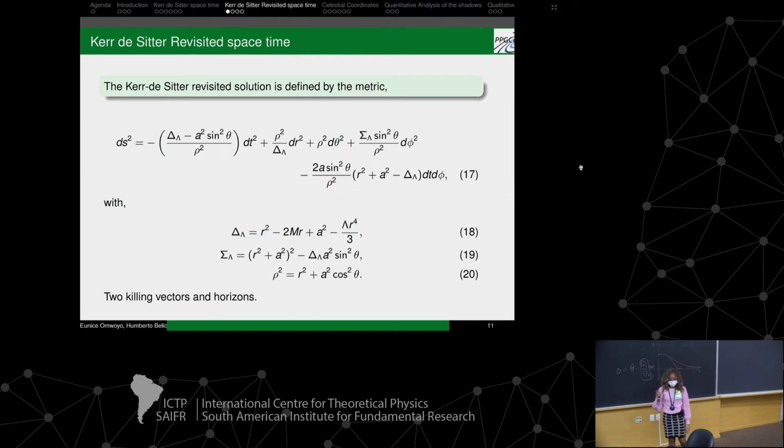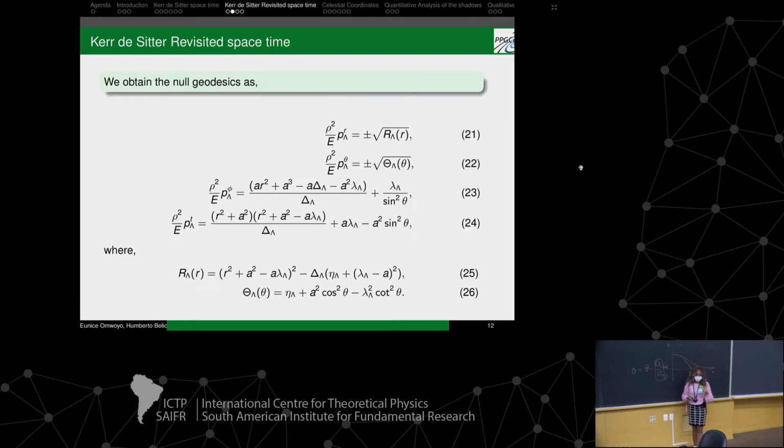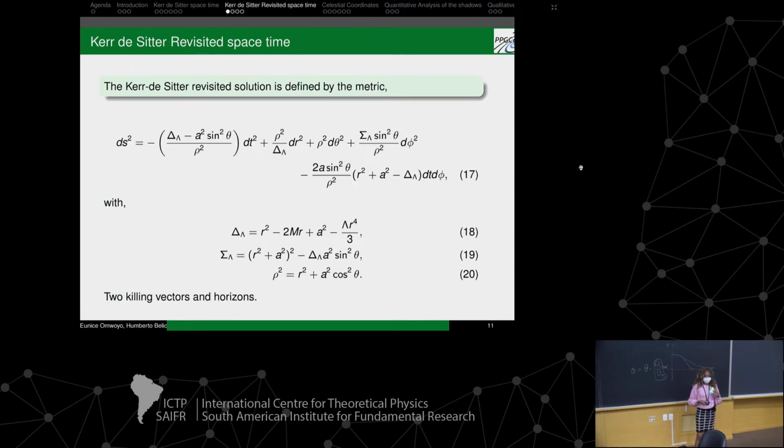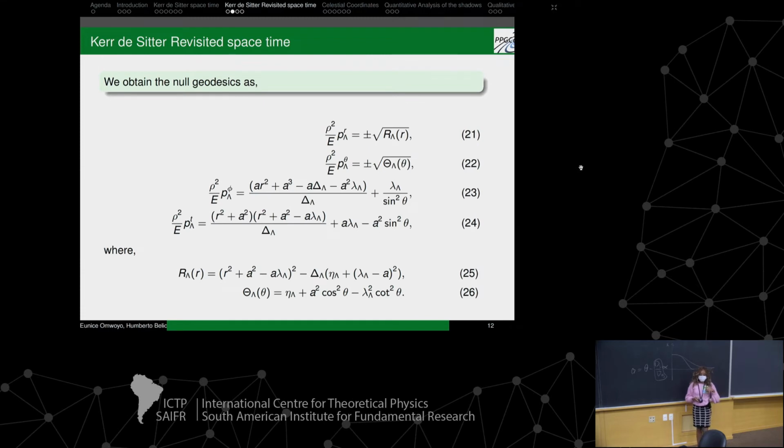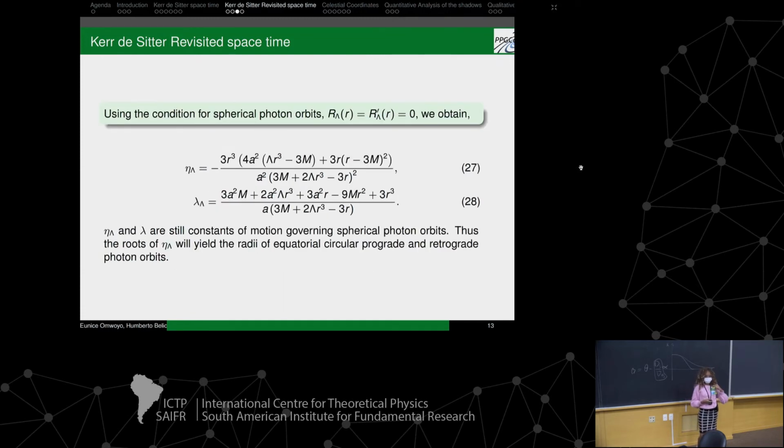Okay, so that's a quick review of Kerr spacetime. It is the same review in Kerr-de Sitter revisited spacetime. We have the metric. It has 2 Killing vectors and 4 horizons. Those are the null geodesics. And then by using the condition of spherical photon orbits, we obtain the constants of motion that govern the motion of these orbits. And then remember, equation 27 still is eta.